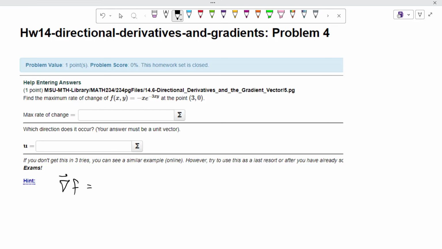Gradient of f looks like an x partial of this thing, which will be negative e to the -3xy plus 3yx times e to the -3xy. All right, just do a quick product rule on my x partial. And then for the y derivative, I think this will just become a positive 3x squared e to the -3xy.